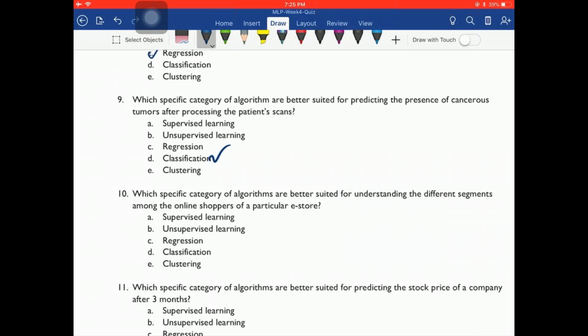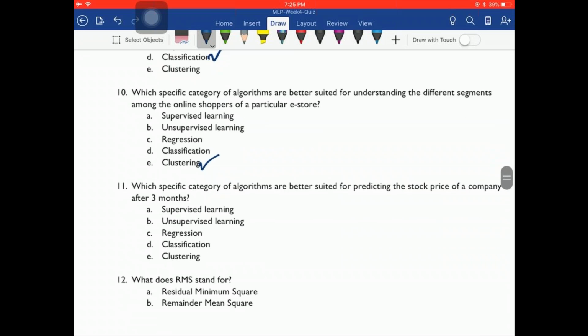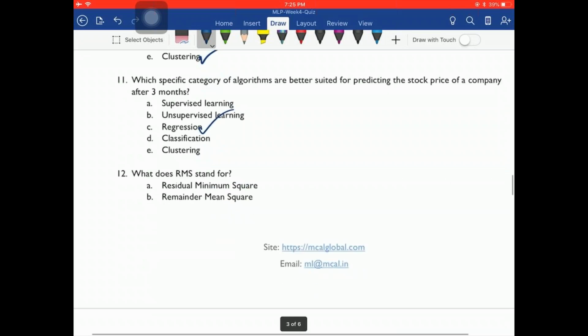That will be clustering. Different segments, yeah. Excellent. Great going. Which specific category of algorithms are better suited for predicting the stock price of a company after 3 months? Regression again. I think these are easy.